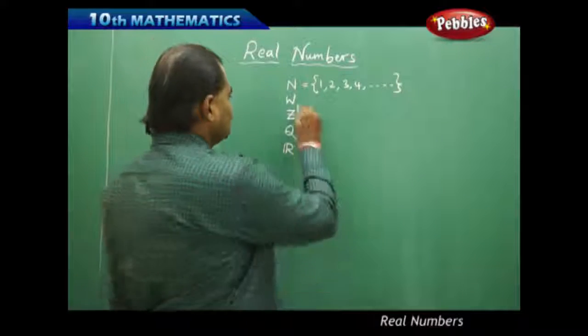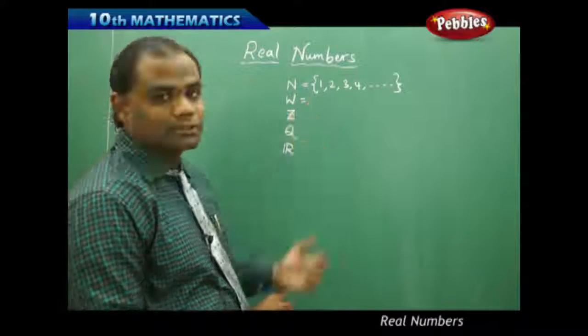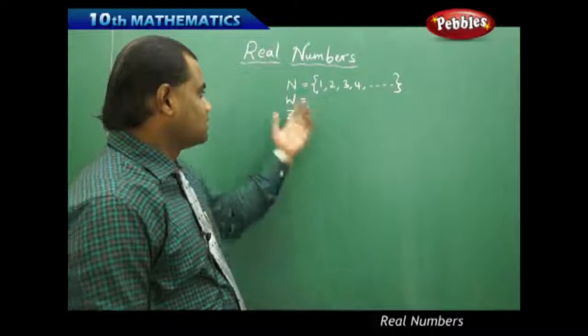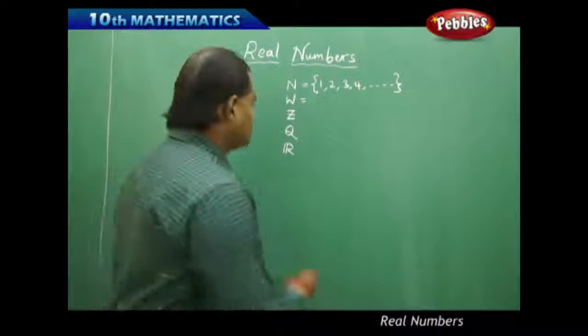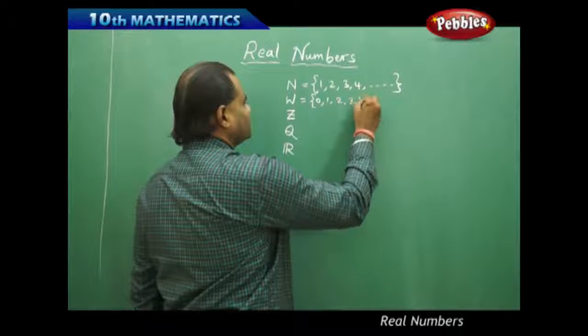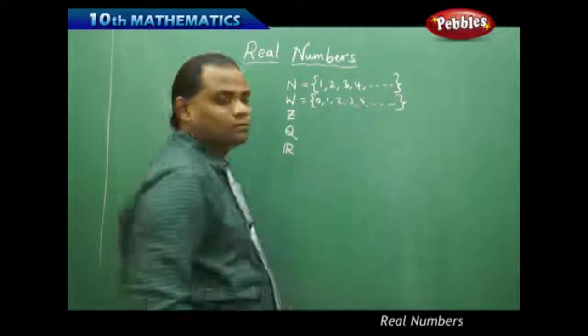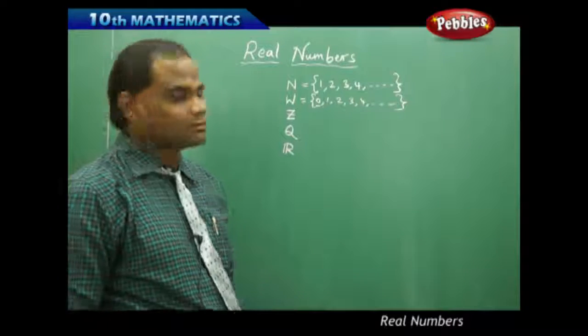Similarly, when I start with whole numbers, the only difference here is that it has an additional 0 along with all the natural numbers. So if 0 is included with the natural numbers, I get whole numbers in the form of 0, 1, 2, 3 and so on, this being the additional element.